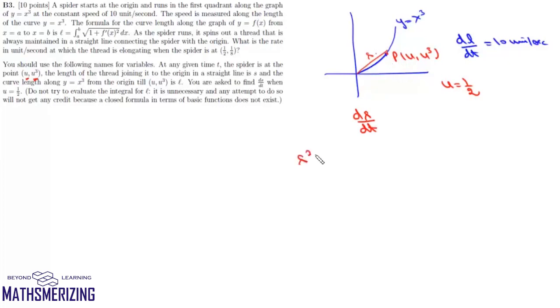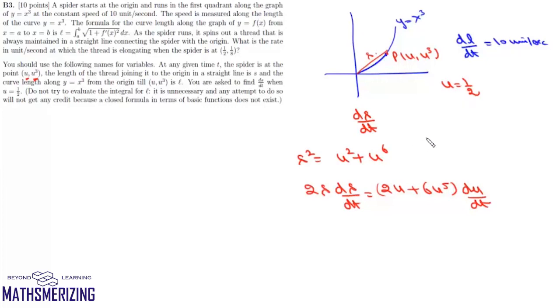Now s is distance of this point from origin. So we can write s square as u square plus u to the power 6. Now we'll differentiate. We can write 2s ds upon dt will be equal to 2u plus 6u to the power 5 into du upon dt. Now we know that value of u is 1 by 2.